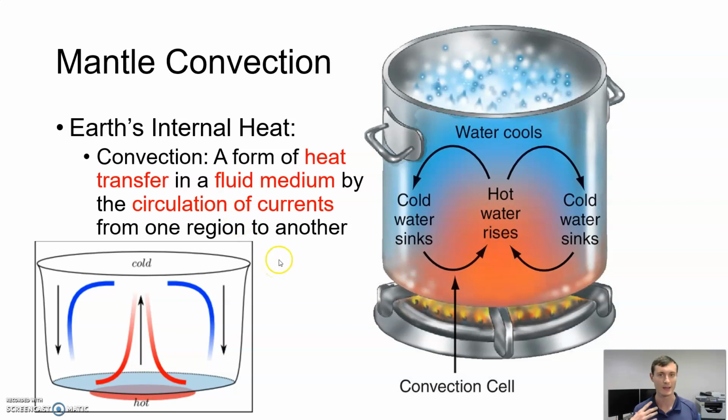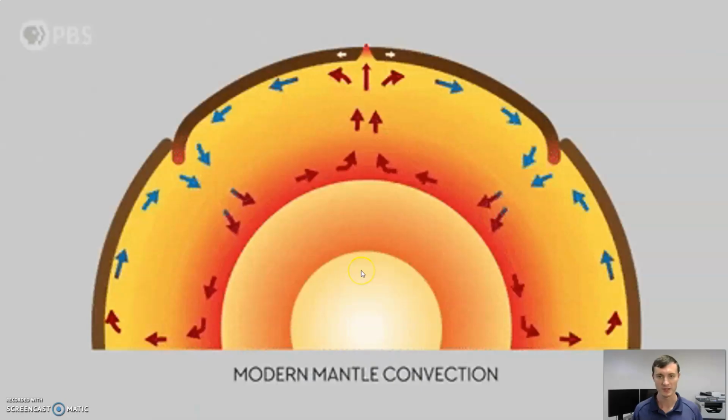And now what does this look like in the Earth? Well, here's one diagram that I think does a good job with this. We have these big convecting cells in the mantle. And in places where the warm material rises up, these are our mid-ocean ridges, where we have the creation of new oceanic crust.